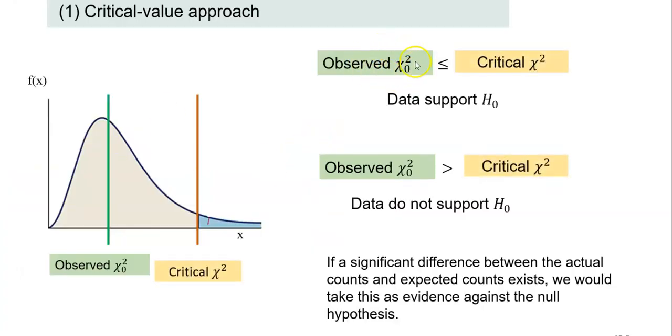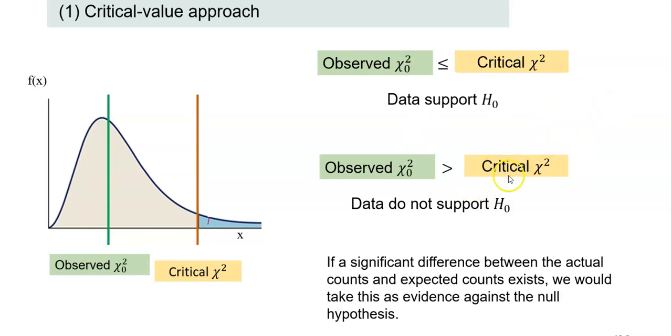If the observed chi-square value is less than the critical chi-square value, then the deviation of the observed values from the expected values is not significant. So the data support the null hypothesis. In this case, it means that the data do not support the claim in the alternative hypothesis.